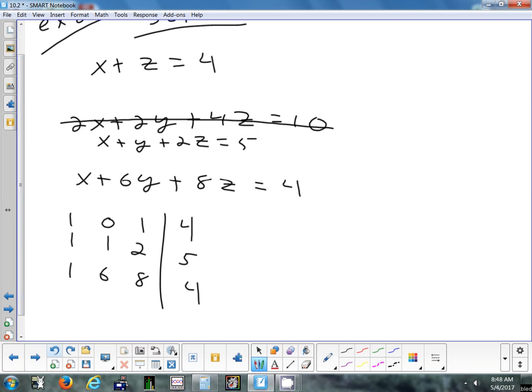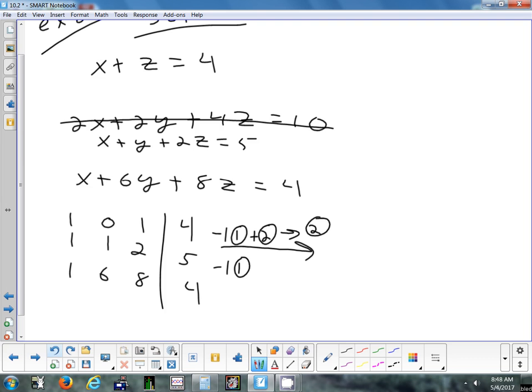Okay, so do we already have a 1 in the upper left? Then we're ready to start. What could we multiply equation row 1 by, and then add it to row 2 to cancel out the x's? Yep, so negative 1 times the first, added to the second, and where are we going to put the answer? In the second. And what are we going to do to get rid of the x's in the third row? Same thing.